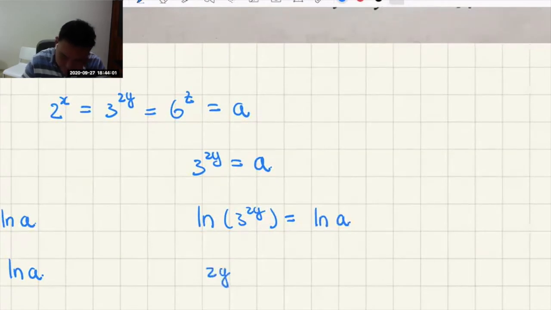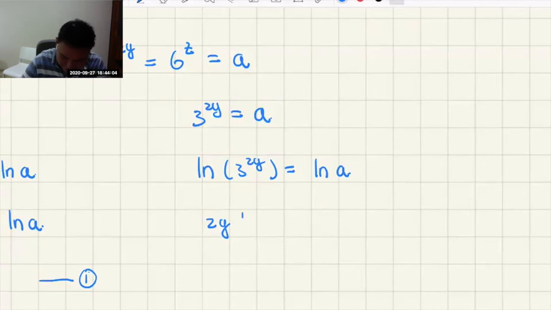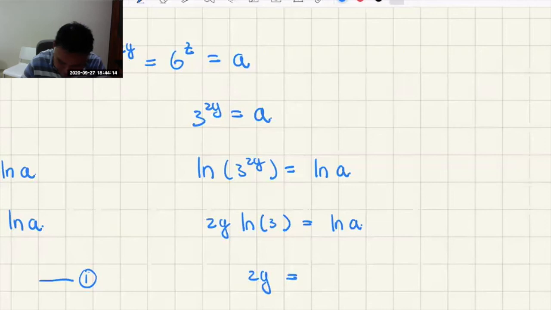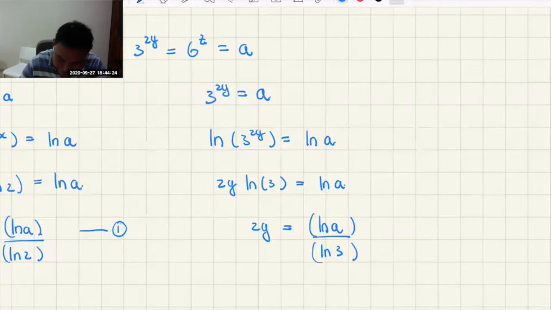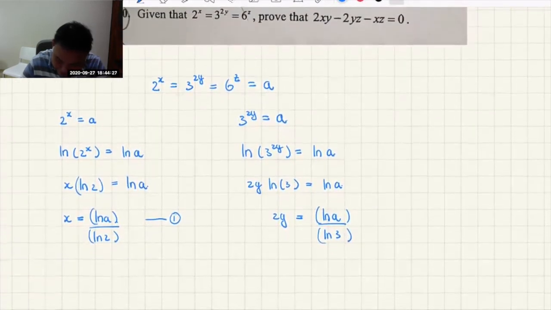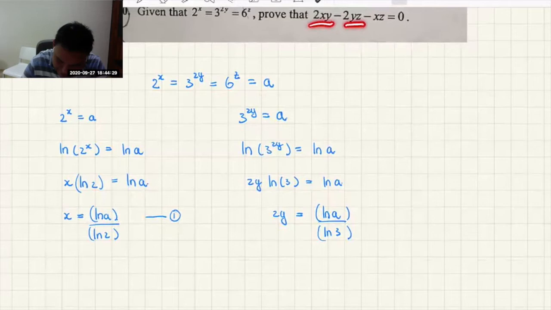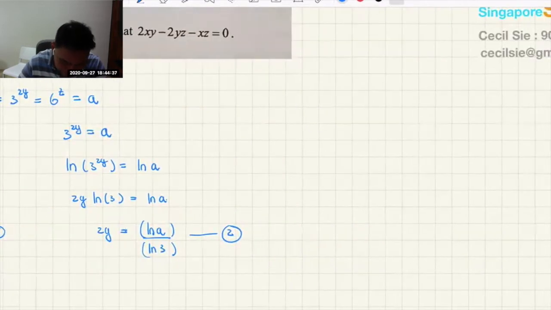We are allowed to put 2y outside ln. 2y ln 3 equals ln a. 2y equals ln a over ln 3. Yay. This involves 2y, so we don't need to divide by 2. Call this equation 2. One more.